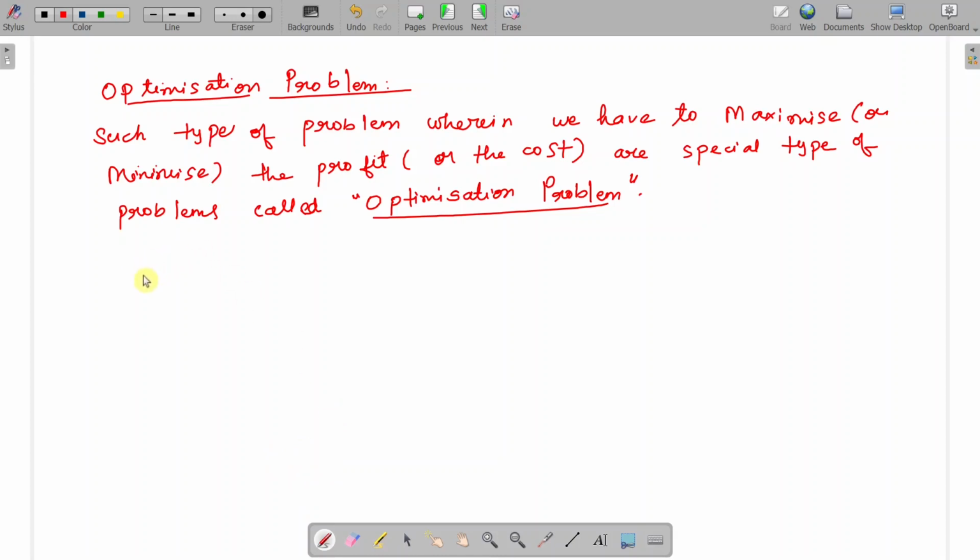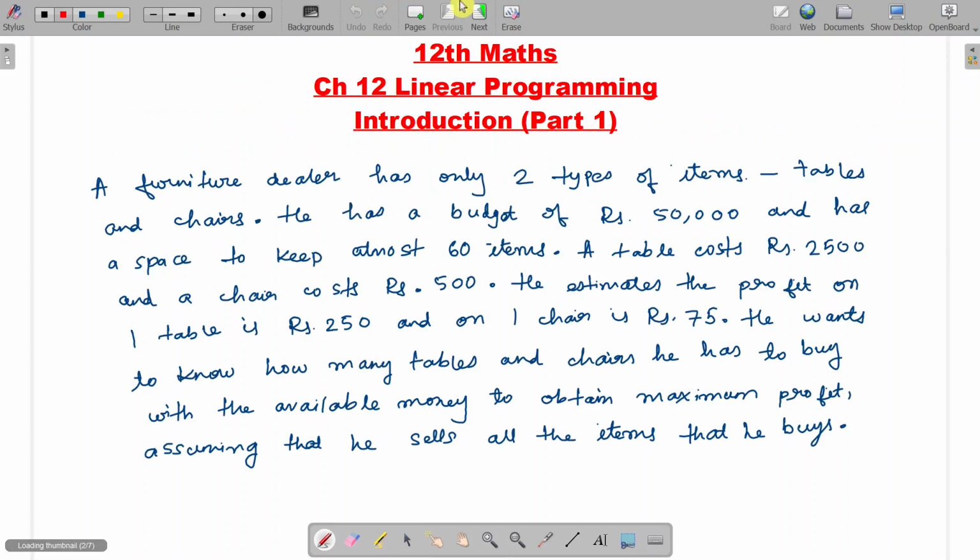Okay, now let us mathematically formulate this problem.